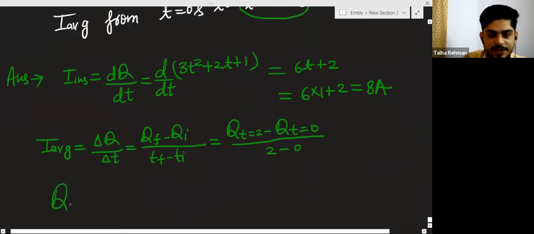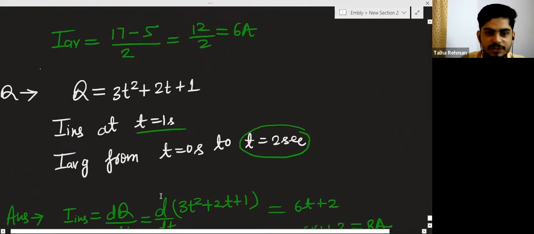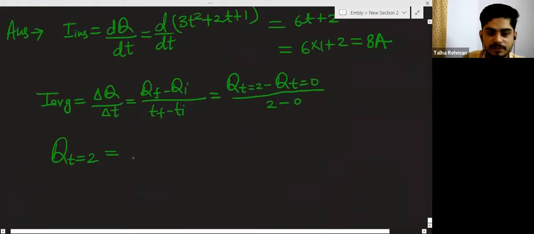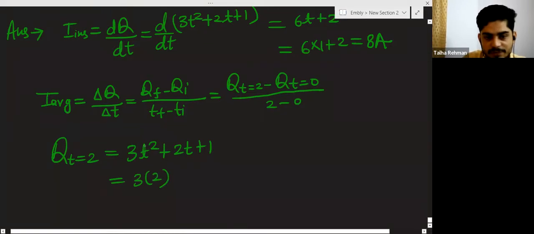We have to find q at t is equal to 2. So what we will do? We have the equation 3t square plus 2t plus 1. We will put the value of t as 2. Instead of t, I have written 2.